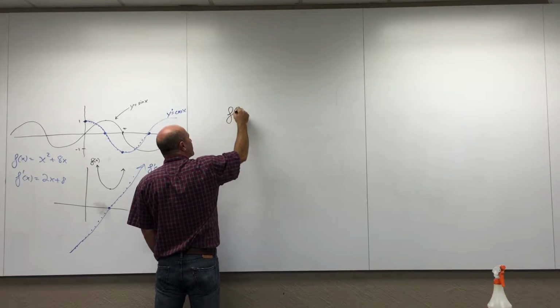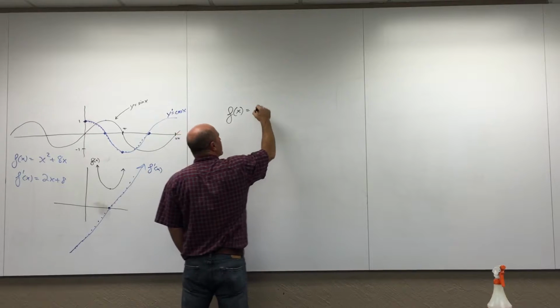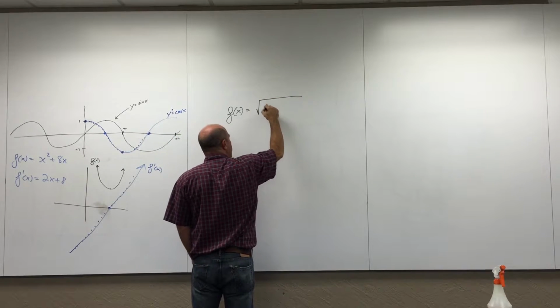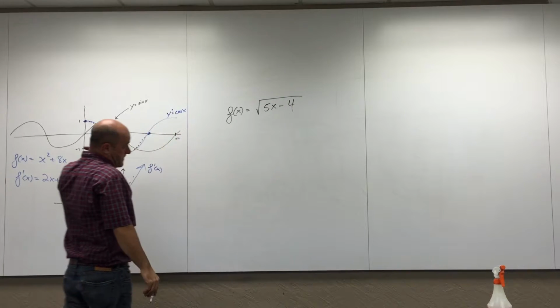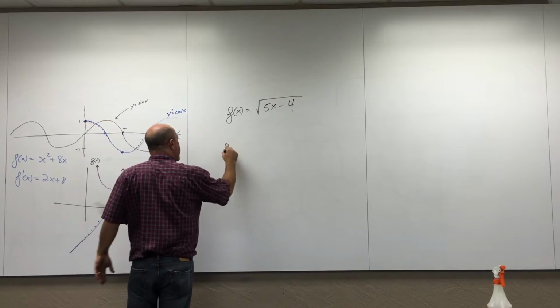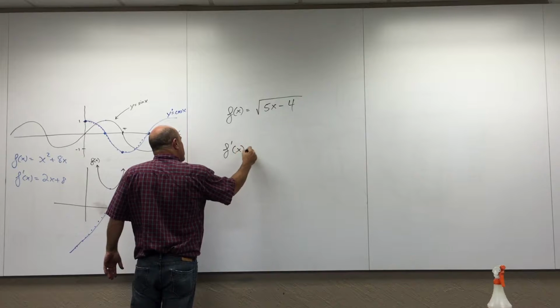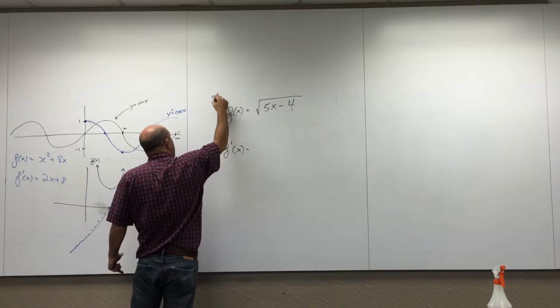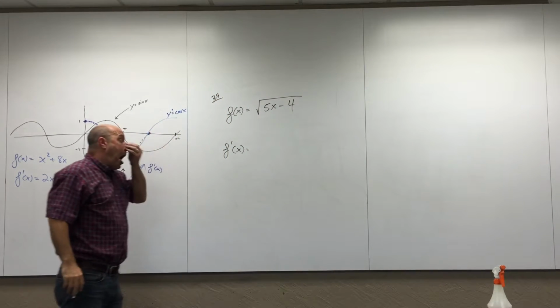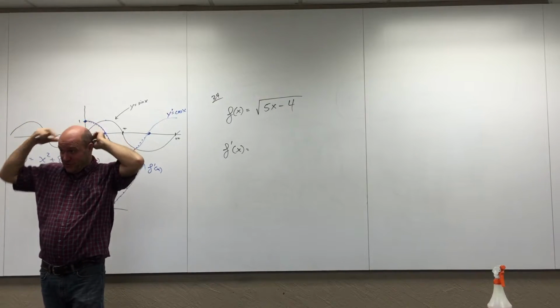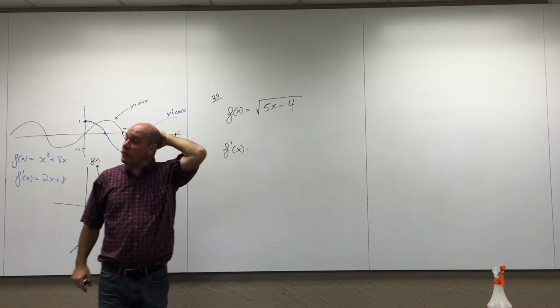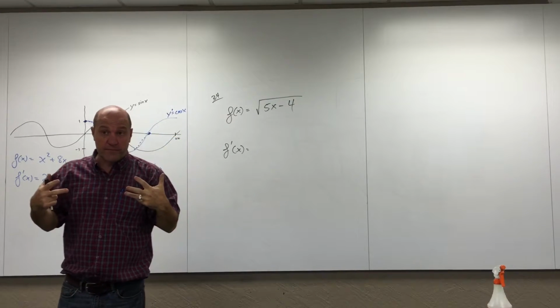I don't know. Let's see. Can you do this? Can you do this derivative? I would call this a 3.4 problem. It's been a short weekend, but Friday we got introduced finally to the chain rule.